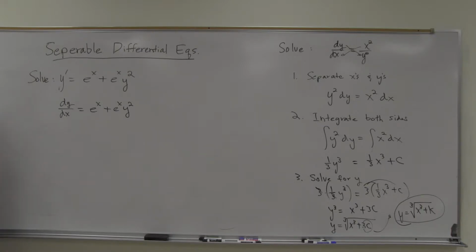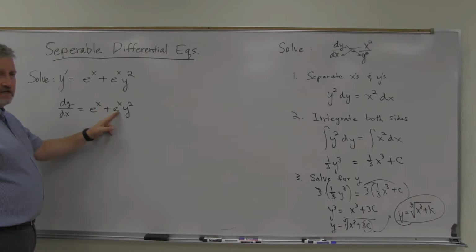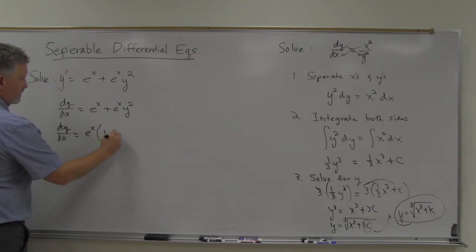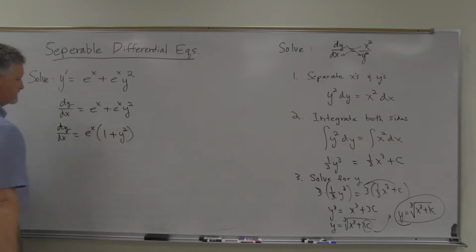Probably there are different ways, but here's a way we can separate this. Notice this one has a common factor of e to the x. So let's pull that off and make it 1 plus y squared, in parentheses. Okay, we're on our way. I think we'll be able to separate that now, can't we?